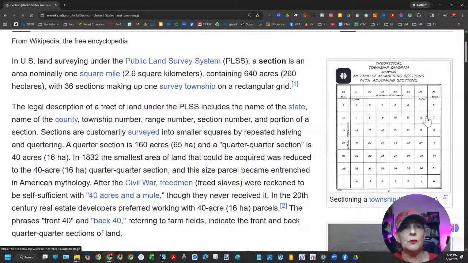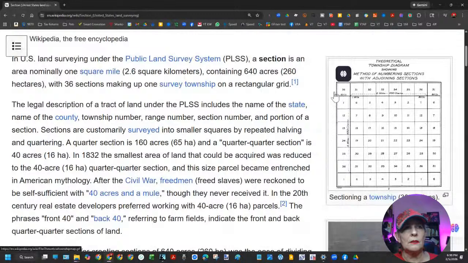So, okay, you see how I was saying you have 6 going east and west and 6 going north and south. So this center square, you have 36 sections, starting with section 1, starting from the right, 1, 2, 3, 4, 5, 6.